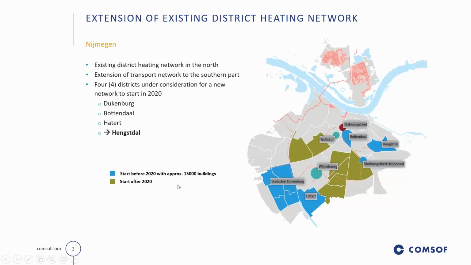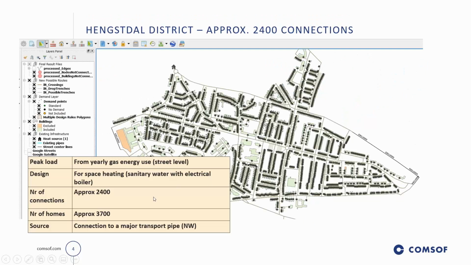The blue areas are under investigation because they have higher priority, and we're now going to look at this district here, Hengstal, with about 2,400 connections and about 3,700 number of homes. So also here, the space heating peak demands have been derived from the yearly gas consumption on street level.